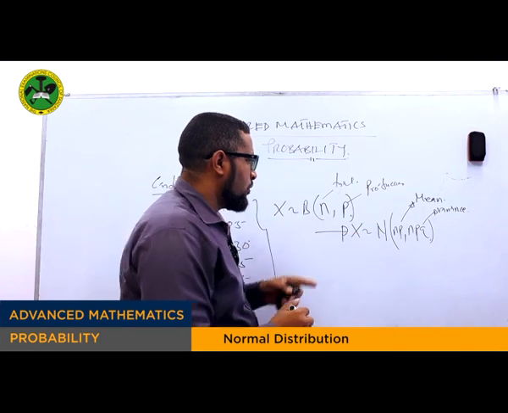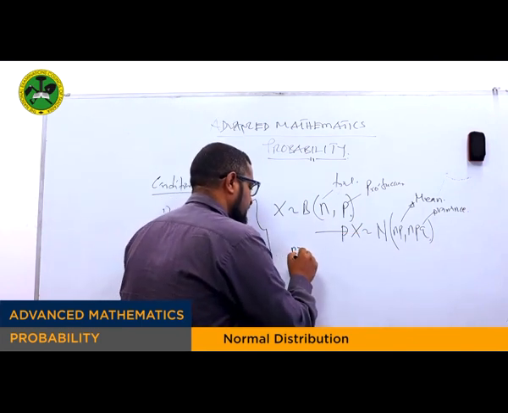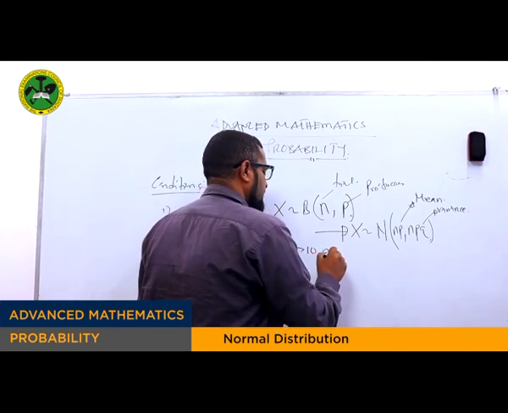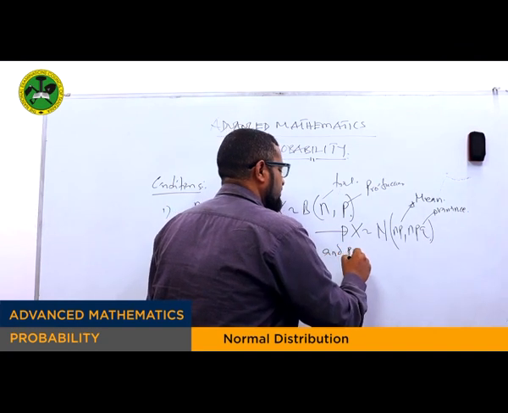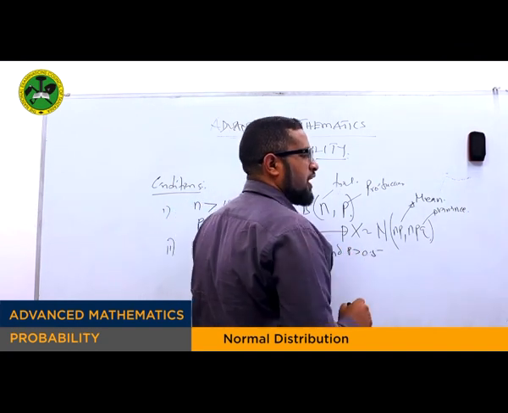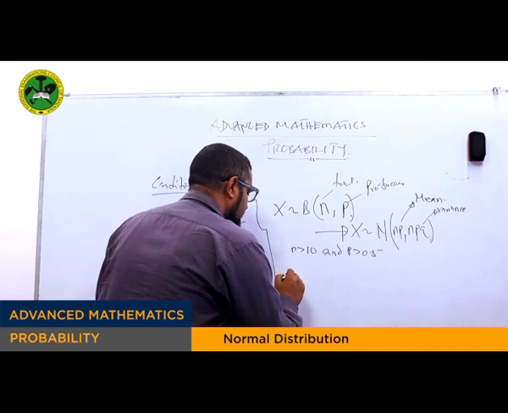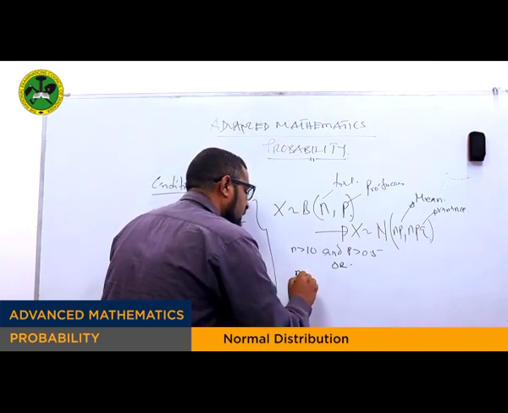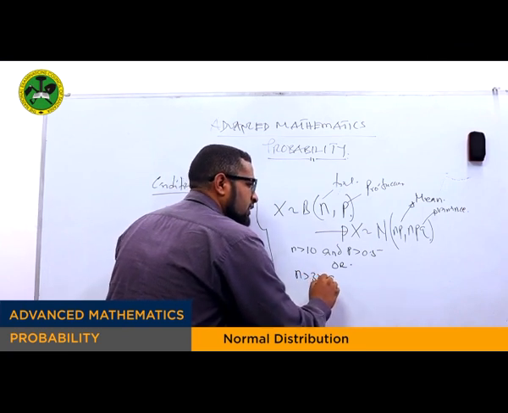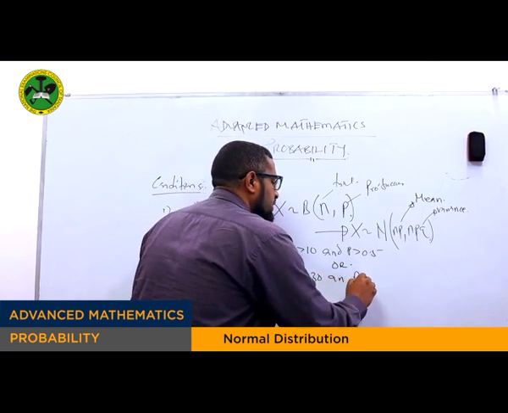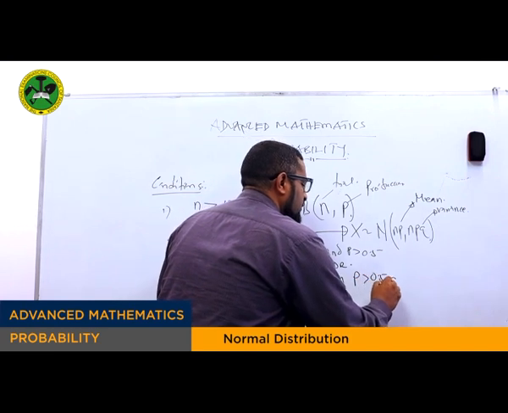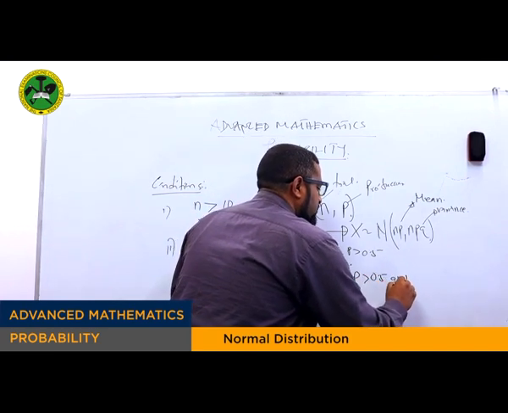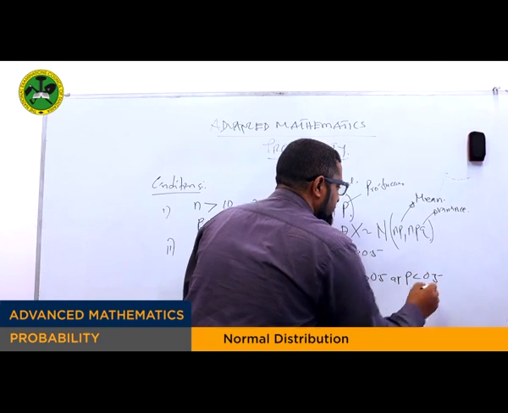So this is when n is greater than 10 and p is less than 0.5. Or the second case, n is greater than 30 and p greater than 0.5 or p is less than 0.5.